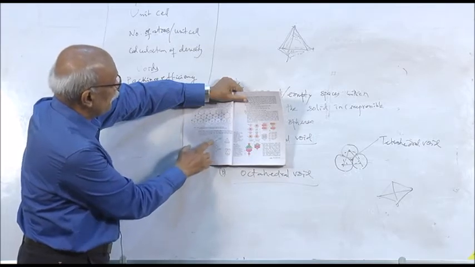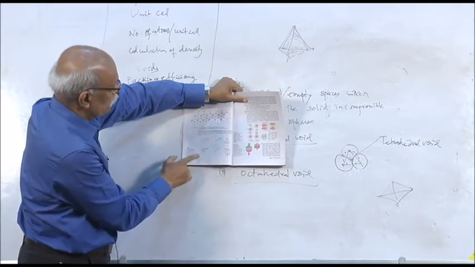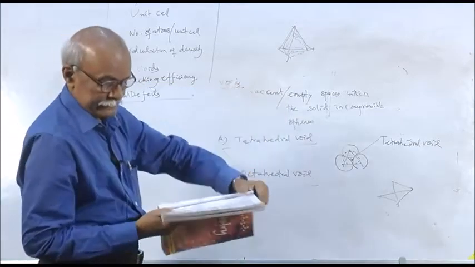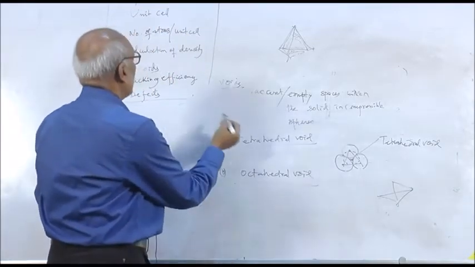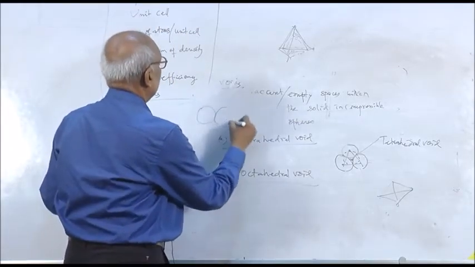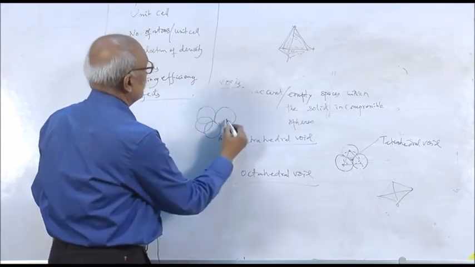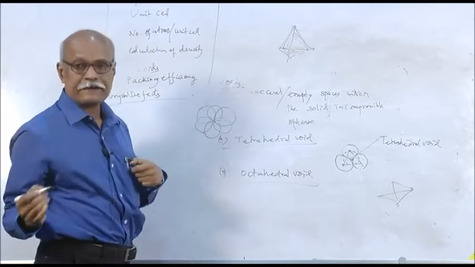That means here is one, here is another one, here is another one. So there are 3 spheres in one layer, and another 3 spheres like this, in another layer.